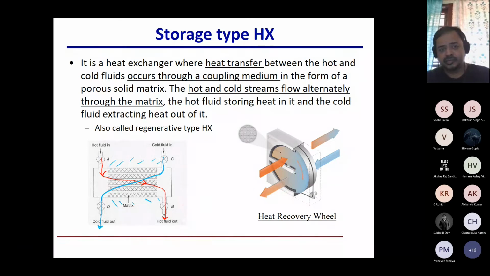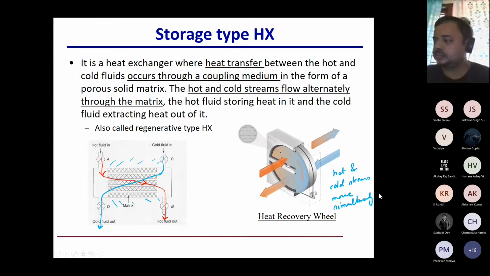However, the difference here is that the fluids move simultaneously, at the same time. Keep that in mind.